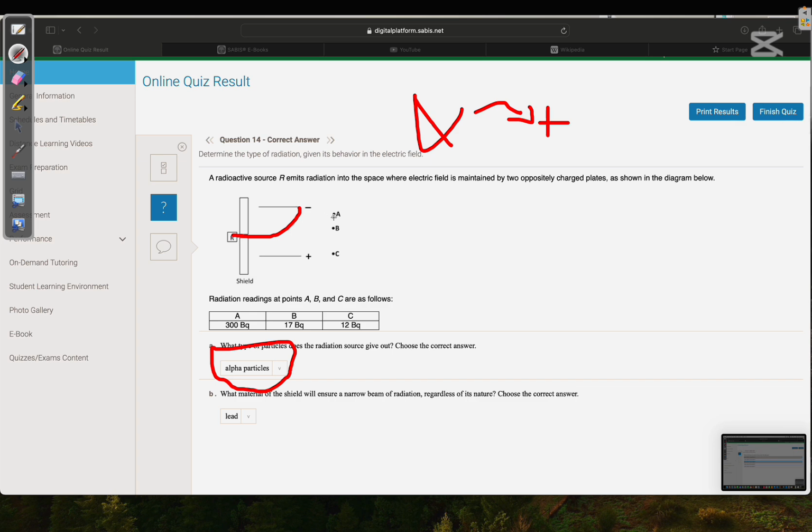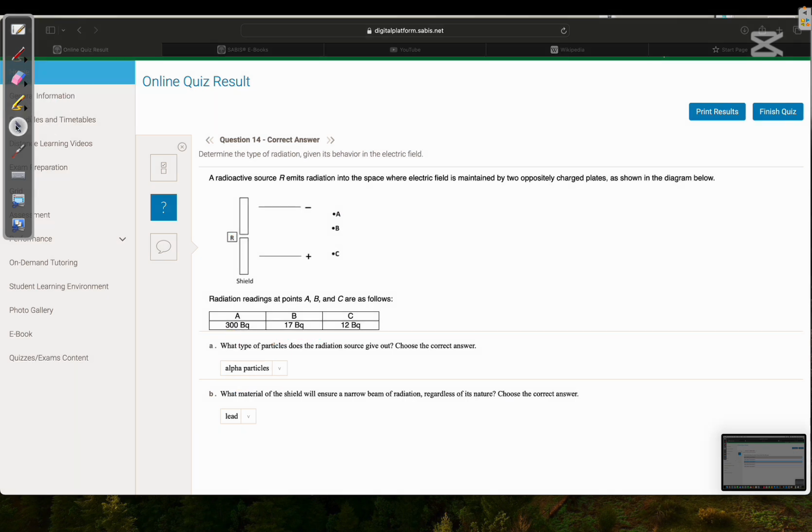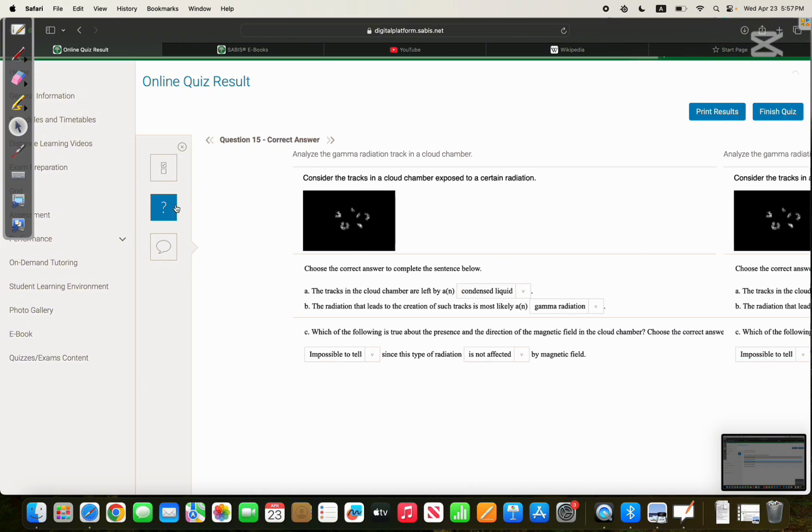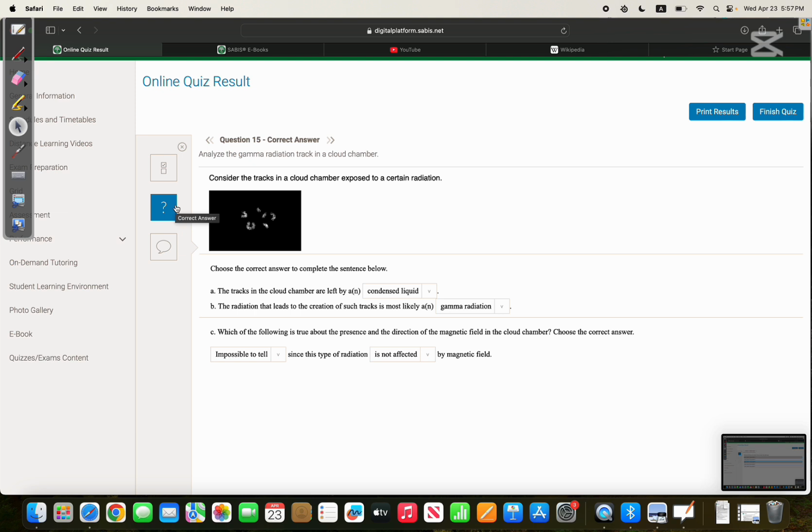As we can see, detector A is closer to the negatively charged plate, which is why it has higher activity. What material of the shield will ensure a narrow beam of radiation regardless of its nature? We already spoke about this, and it's lead. It's basically the kryptonite of radiation.